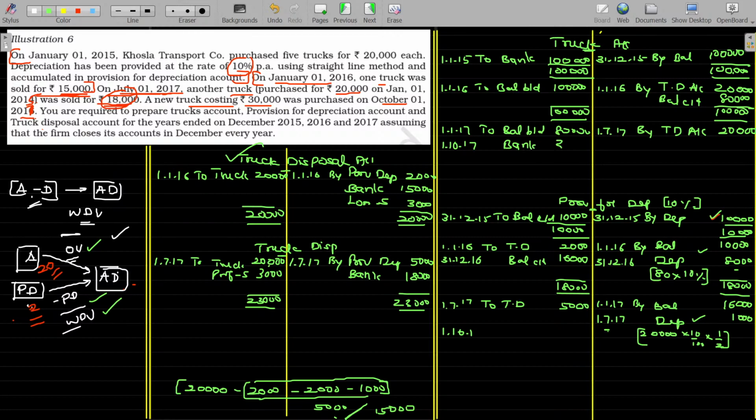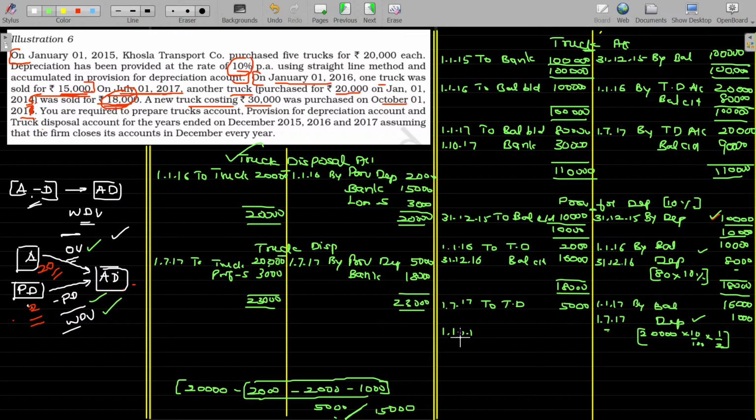How much is that? 30,000. Is that okay? Now you can finish up tallying this. So 1,10,000. After subtracting 20,000 asset disposed, balance being 90,000 by balance carried out.